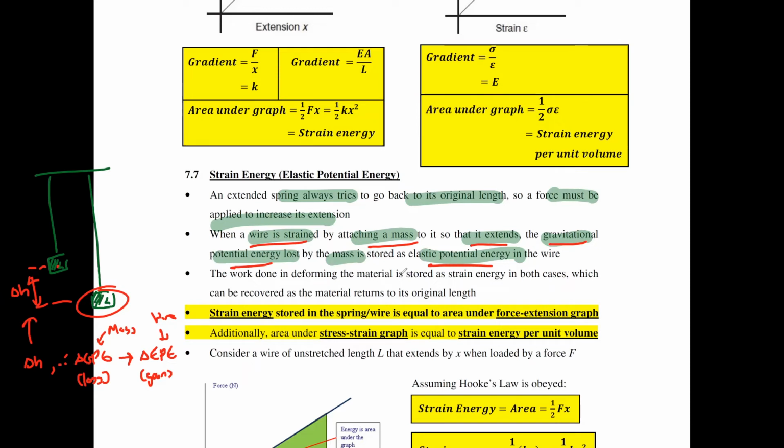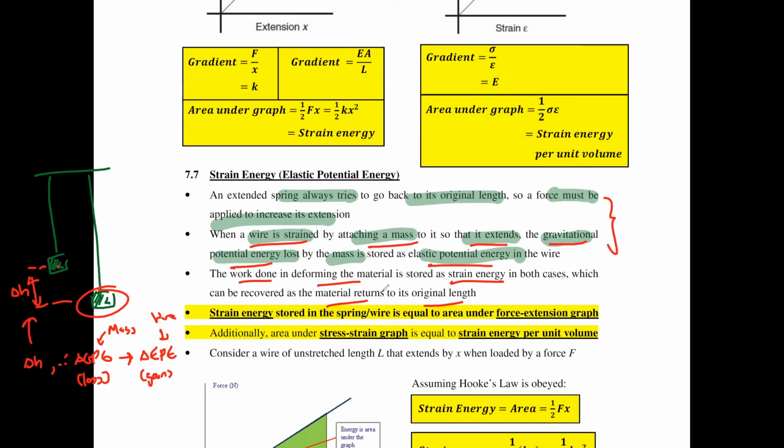Okay, so this energy that is gained by the wire or spring is known as strain energy. All right, which will be recovered when your material returns to its original length. In both cases, for the spring and the wire, you are actually doing work to deform the material.